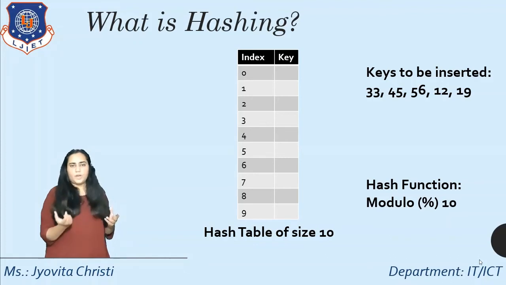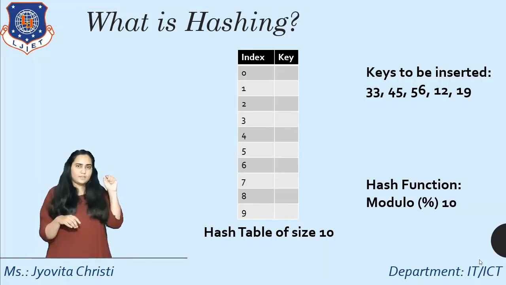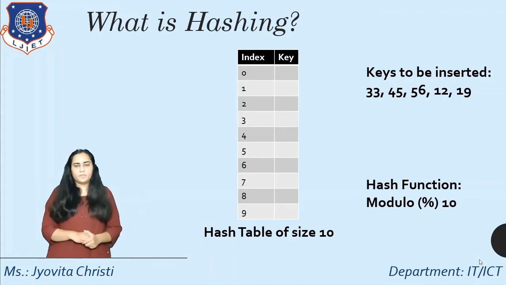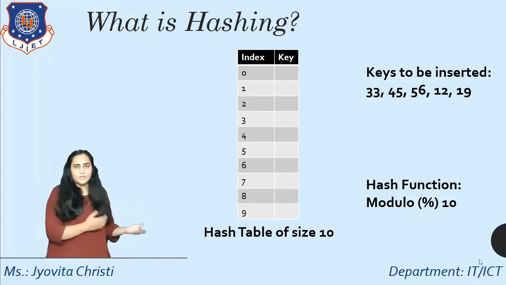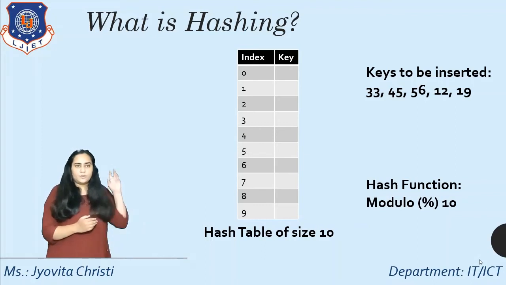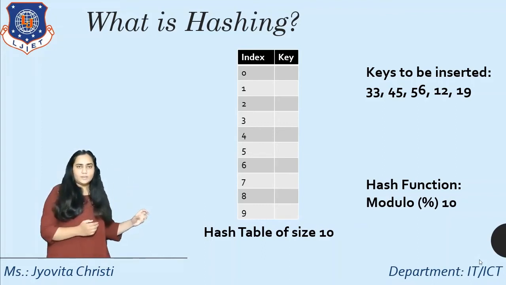So you require a formula for this, and this formula will allow you to get the exact index for a particular key, and then you'll put that key in that index. So when you apply a hash function to a key, as an answer, you get an index, and you will store that key in that index position.